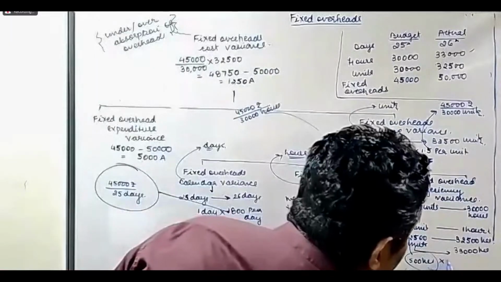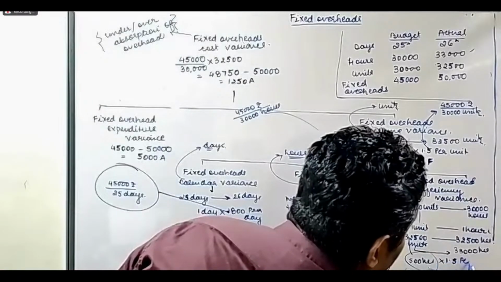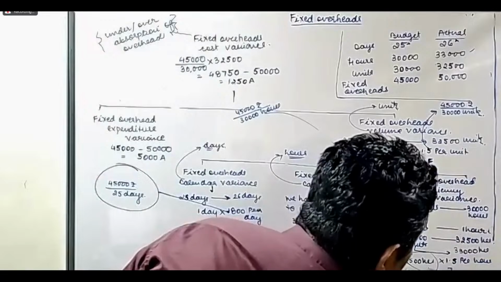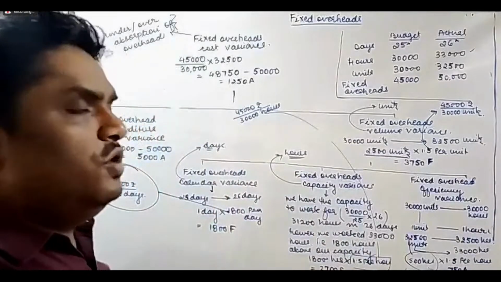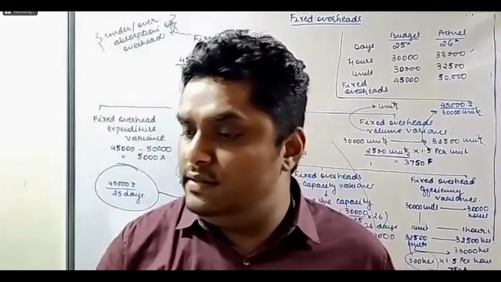Into the rate per hour, that is 1.5 per hour. So this will be 750 adverse. So very simple efficiency variance, guys.